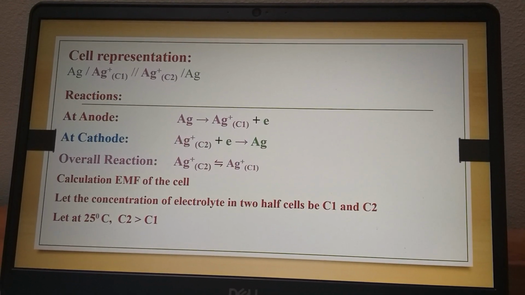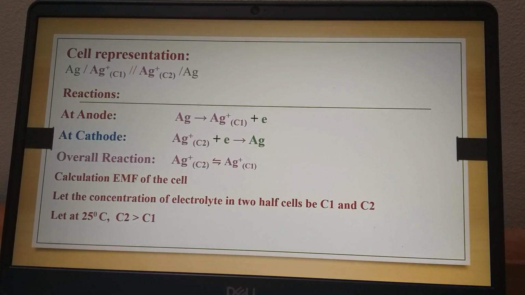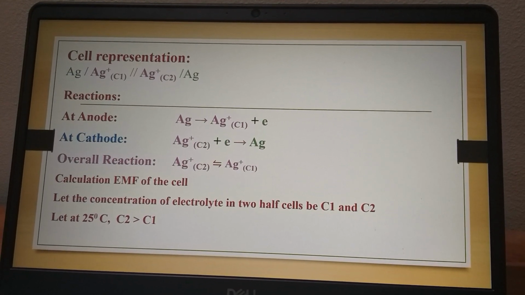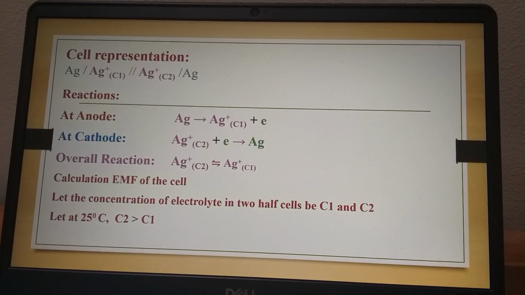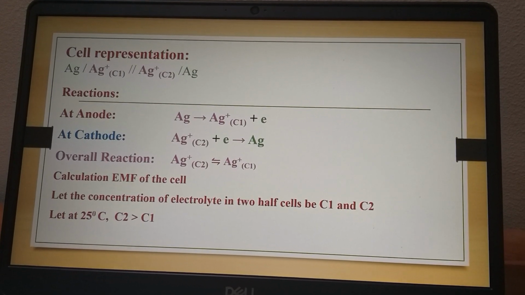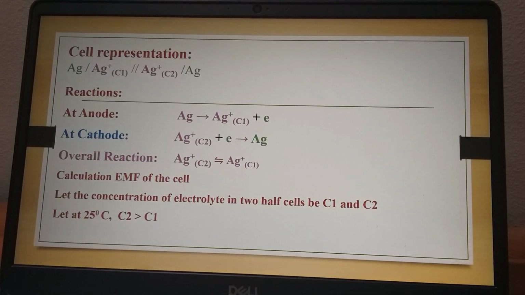And the reactions are also shown here. At the anode, oxidation takes place with the liberation of electrons. At the cathode, the electrons are accepted from the external circuit and reduction takes place. So the overall reaction is written here.